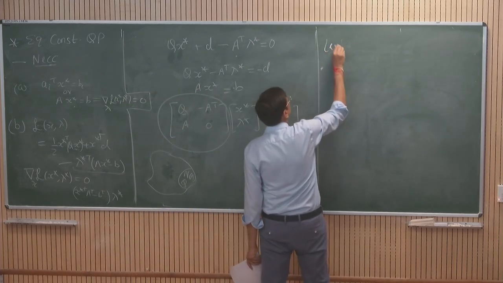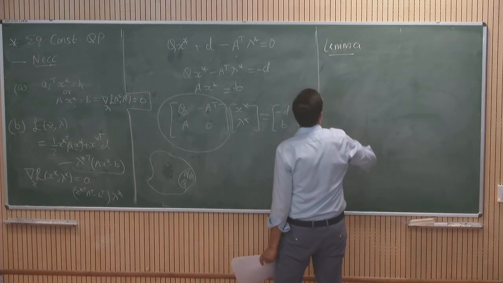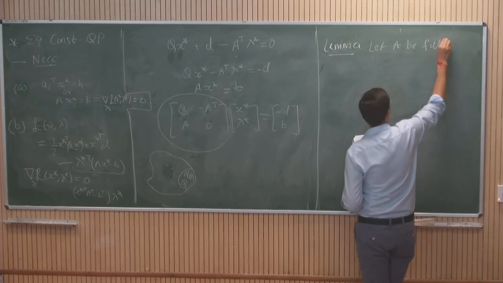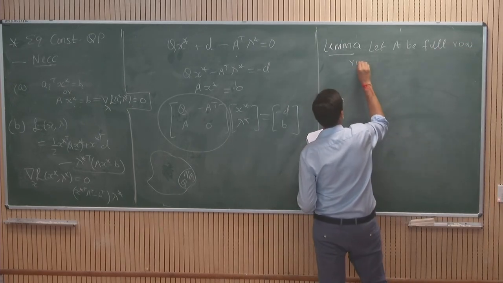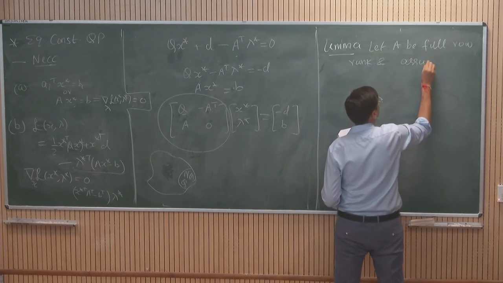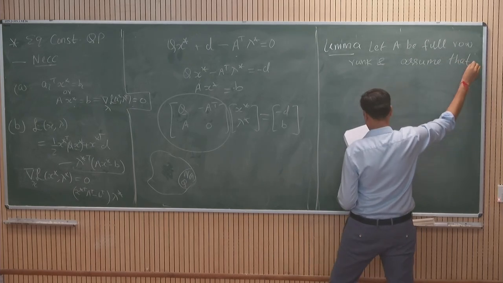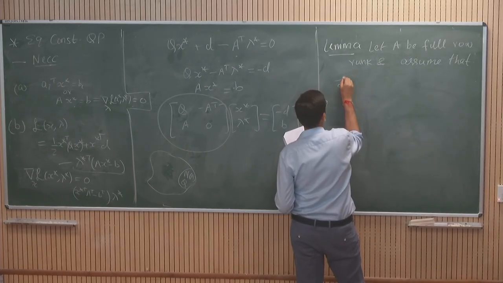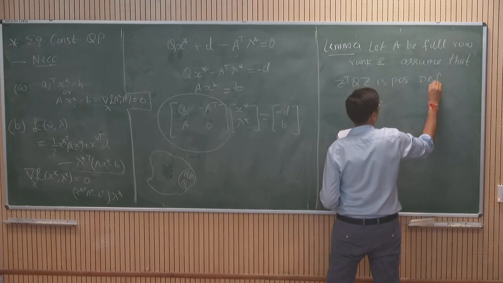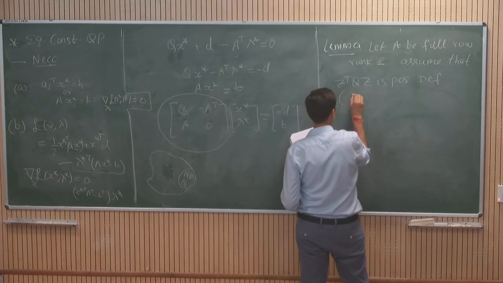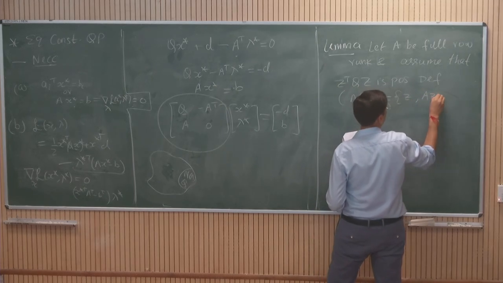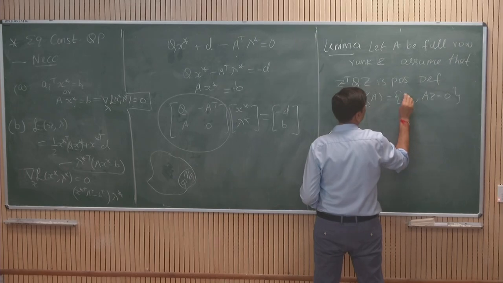So the lemma says, this is a lemma rather than a theorem, let A be full row rank and assume that Z transpose QZ is positive definite, where Z is the null space of A, defining the Z vectors.